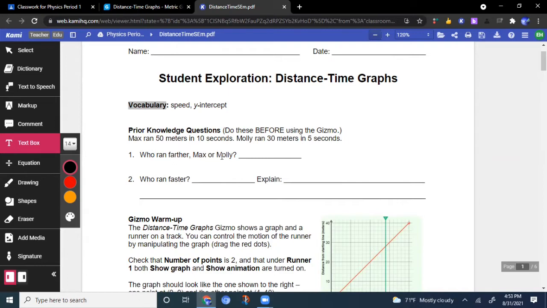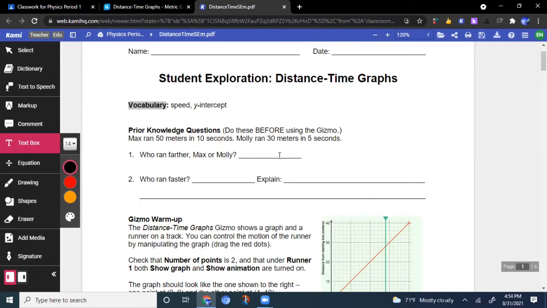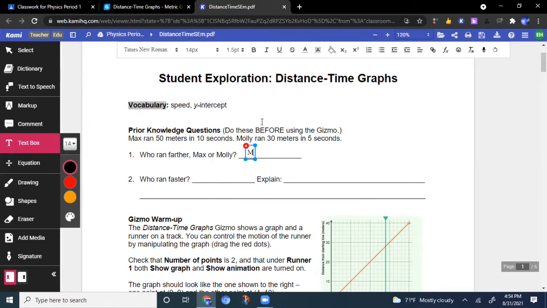So who actually ran farther? Well, the one who ran farther is the one who ran the greater distance. Max clearly ran the greater distance. Who ran faster? Whoever ran faster is the one who completed the distance in the shortest amount of time.